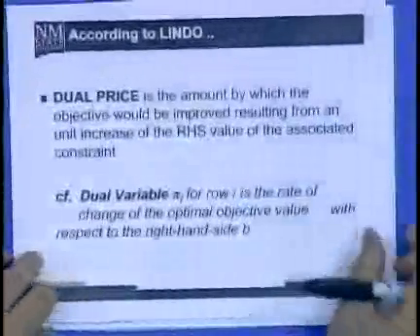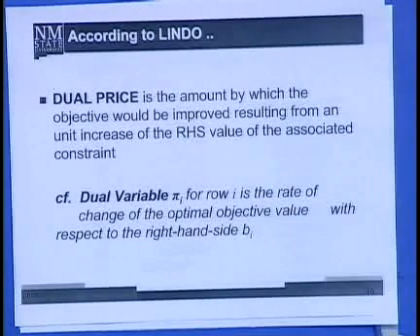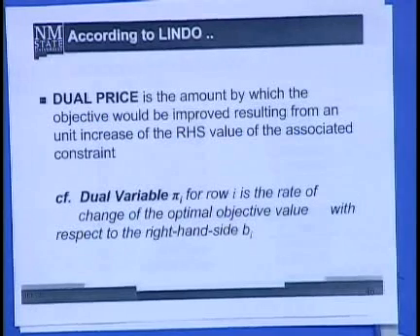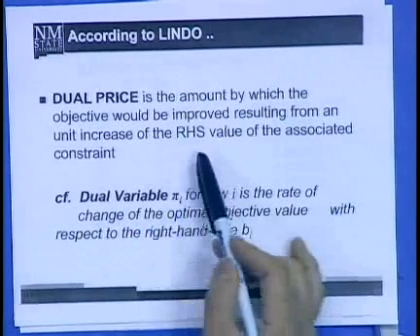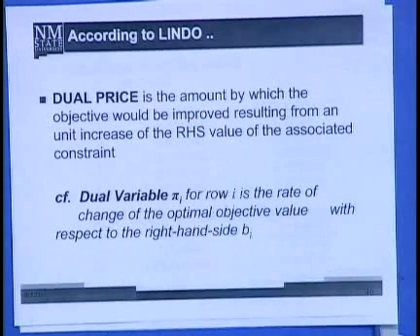What does it mean? Dual price of a constraint is the rate at which the objective value will be improved as the right-hand side value of the constraint is increased by a small amount. Okay?